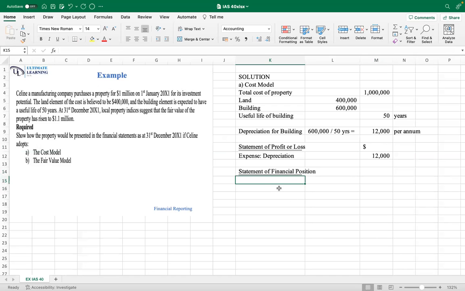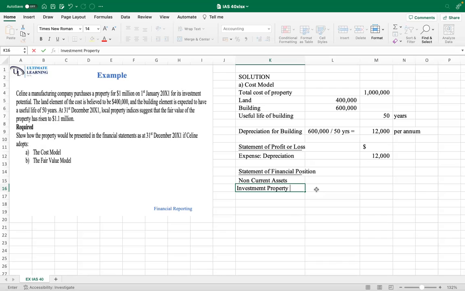Now, in our statement of financial position, there will be non-current assets, and we will have investment property, and we want to get the carrying amount.